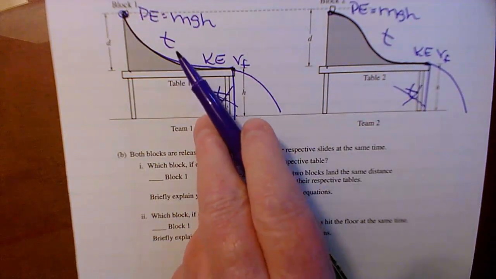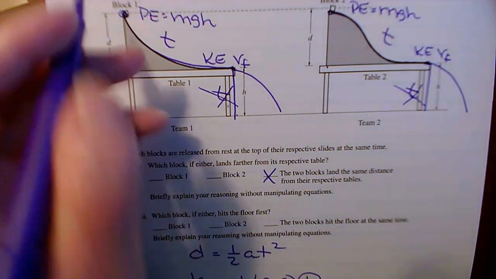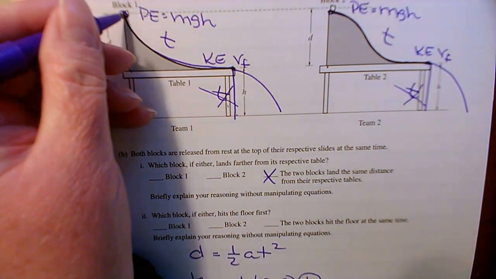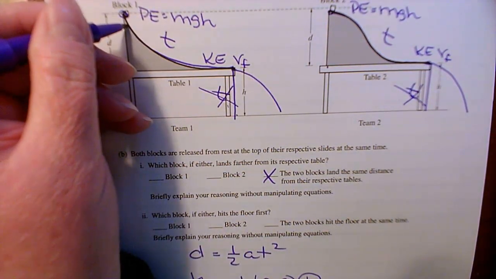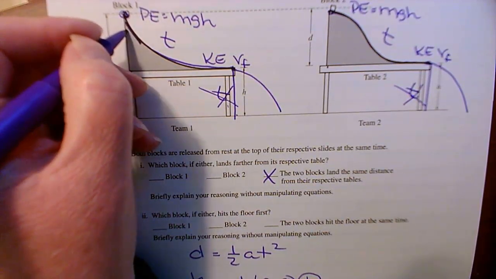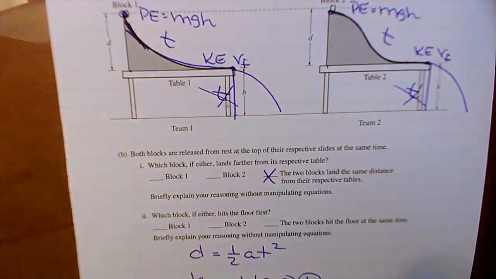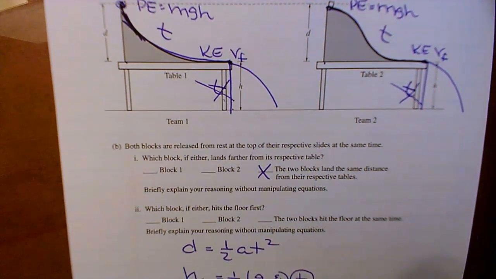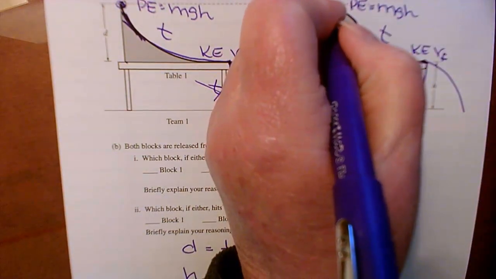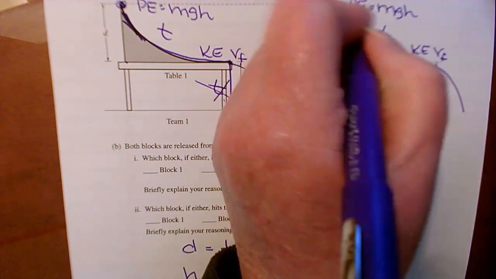But these two times are not the same. And so conceptually, if you look at when this block leaves, I'll draw like a little slope here. Look how steep this slope is. Look how steep the slope is getting less, but it's a steep slope here, which means this block is going to take off really fast. This block is going to take off a little bit more slowly because it's not as steep there.